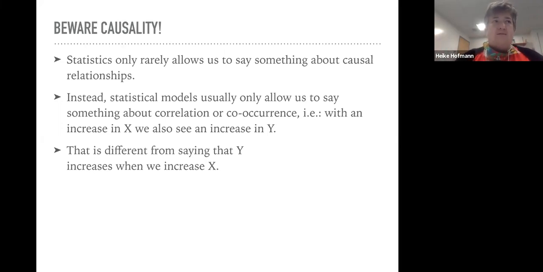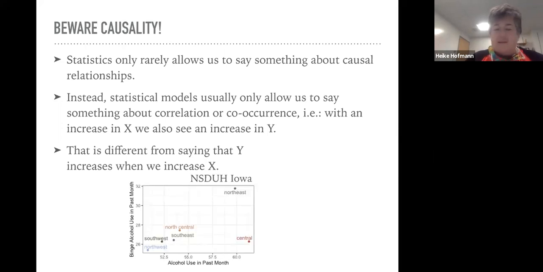Somebody else has to decide on whether this is actually a causal relationship. In statistics, we can only observe co-occurrence. So as X increases, we see an increase in Y. As X decreases, we see a decrease in Y, but not necessarily a causal relationship.